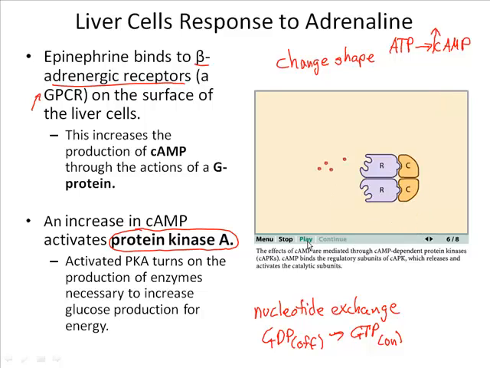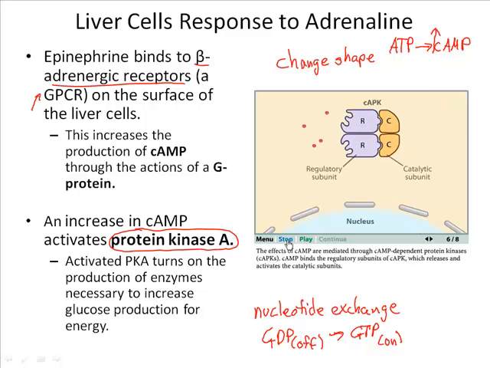So here we have that small molecule. What's happening here is you have your regulatory subunit of protein kinase A. Here's your catalytic subunit. Now, which of the two is responsible for the addition of phosphates to other proteins? Is it the regulatory subunit or is it the catalytic subunit? That's right.